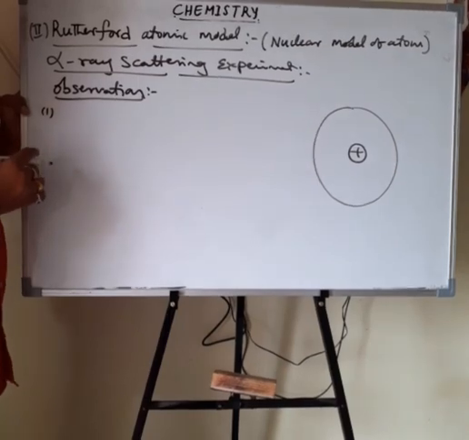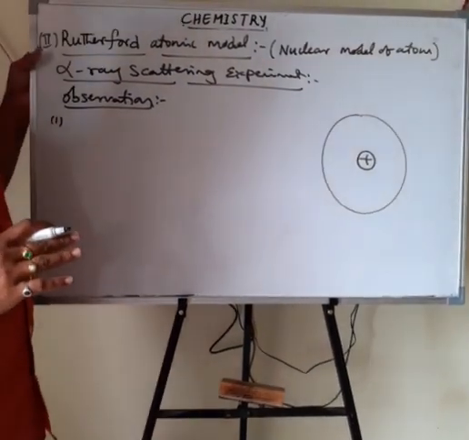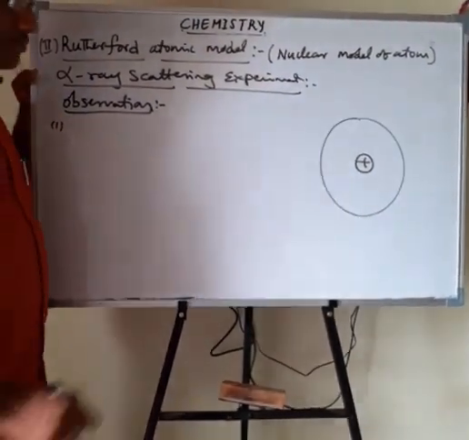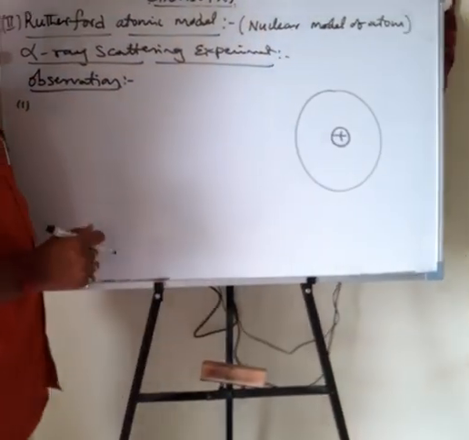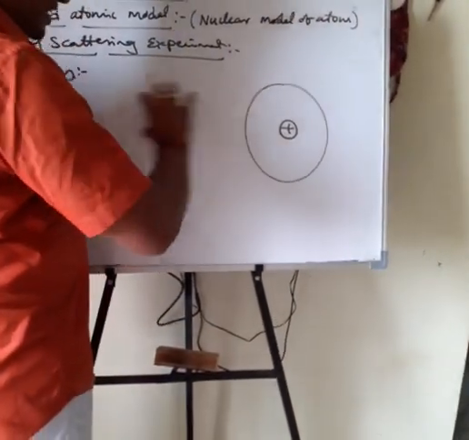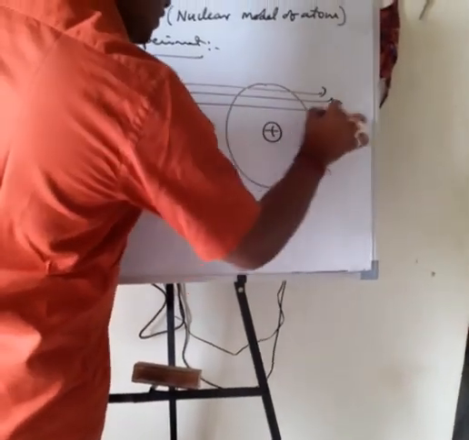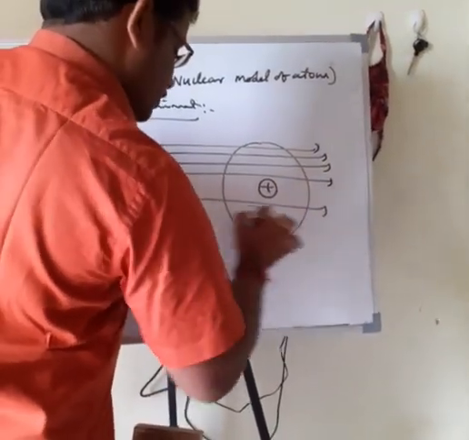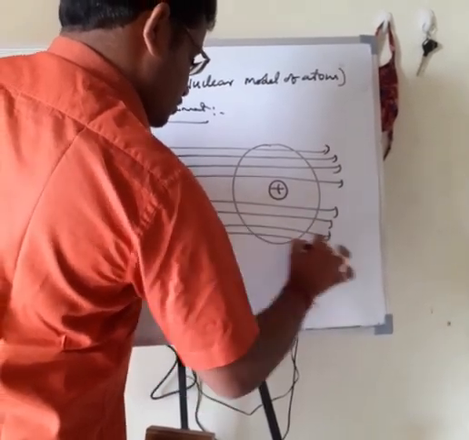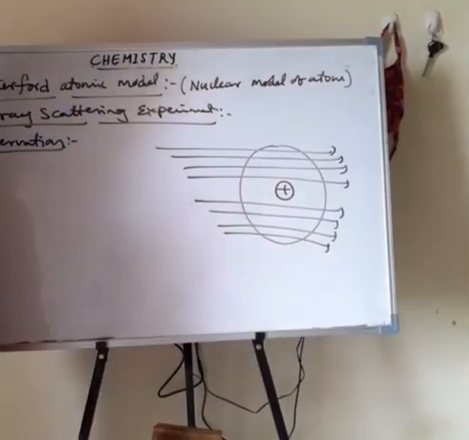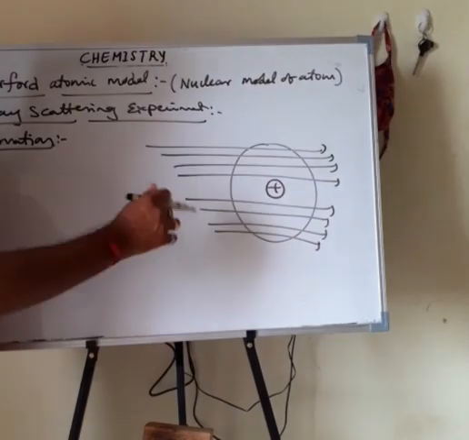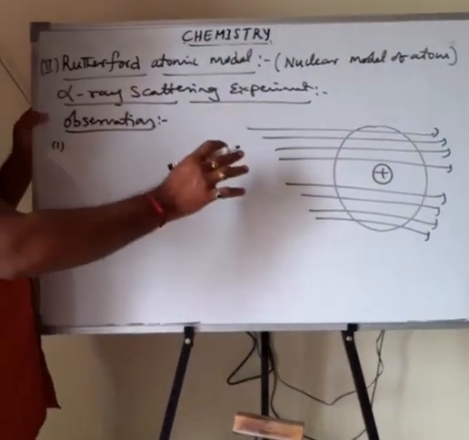Point number 1: most of the alpha particles pass through the atom. For example, this is the gold atom. When we send the alpha particles, most of them pass through the gold foil. That indicates that most of the space in an atom is empty.